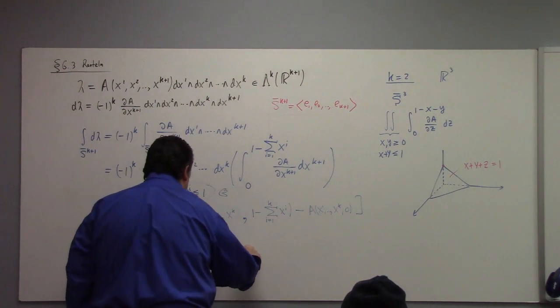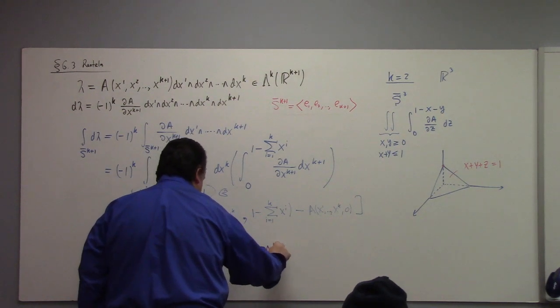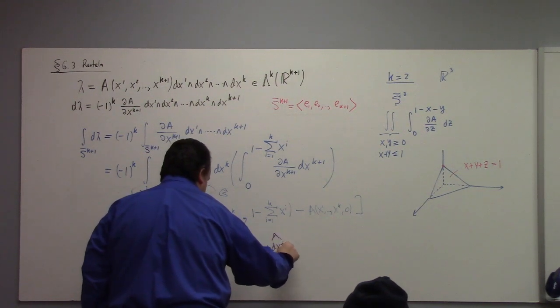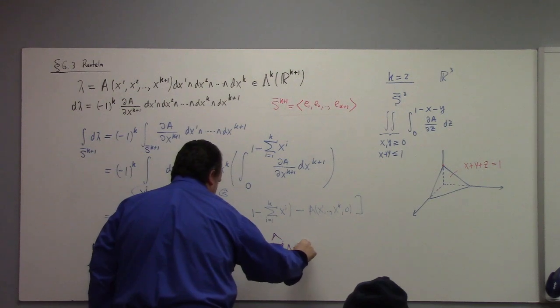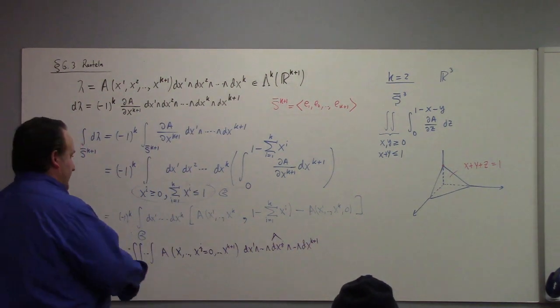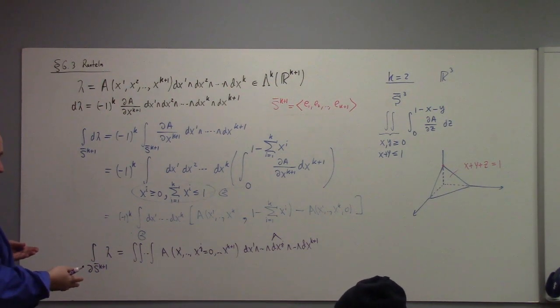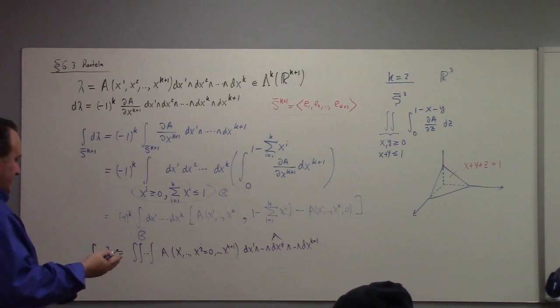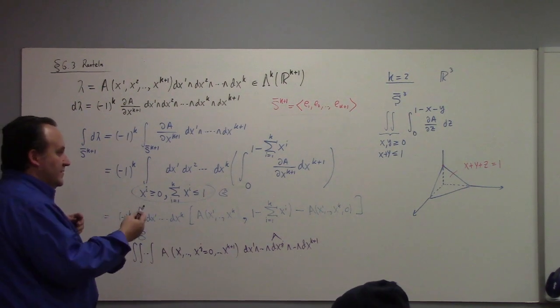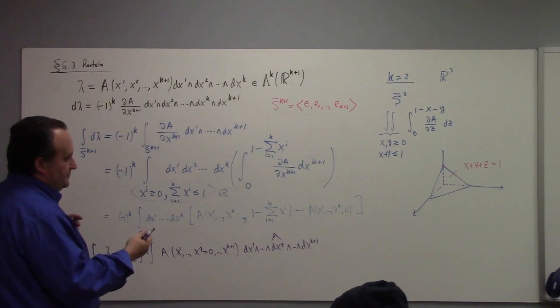And then you've got your dx1 wedge through dxj hat wedge through dx k plus 1. And when you do that and sort through the details, there's two of them, if I remember right.